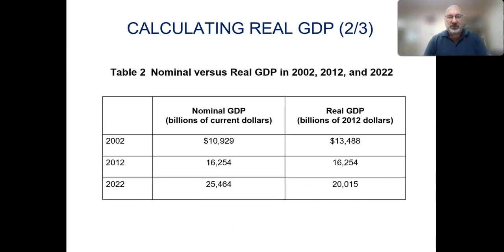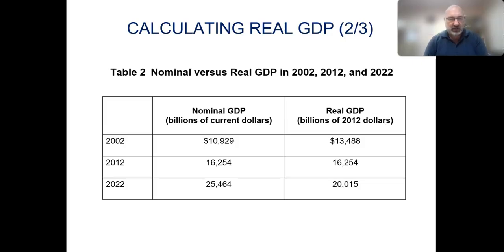So nominal versus real GDP, 2002, 2012, 2022. So 2002 nominal GDP was 10,929. Real GDP 2012 was our base year, which means those two are going to be equal. But our real GDP in 2002 was 13,488.